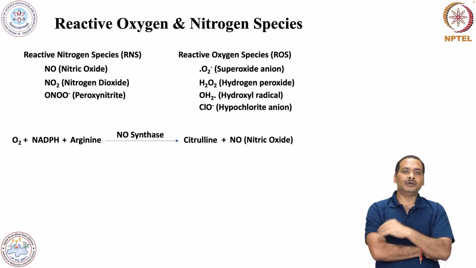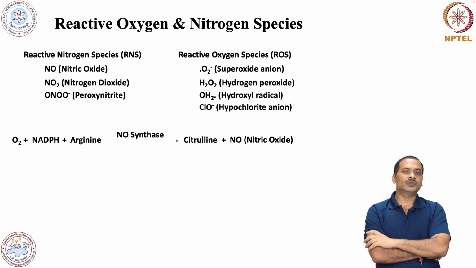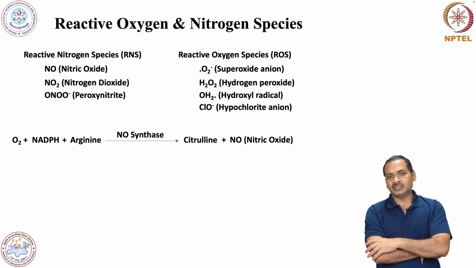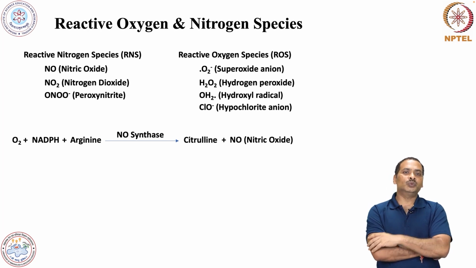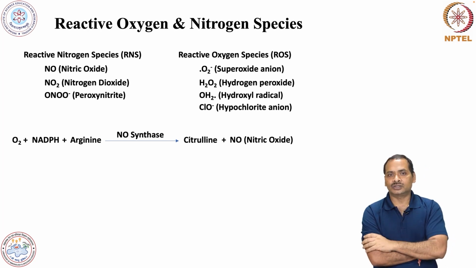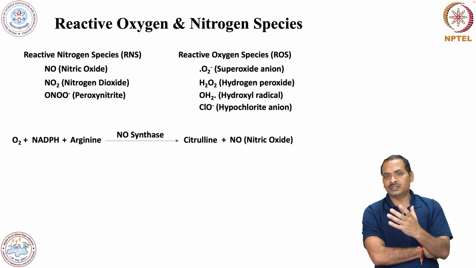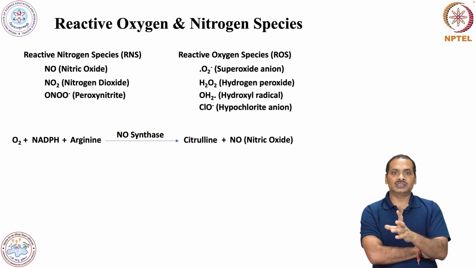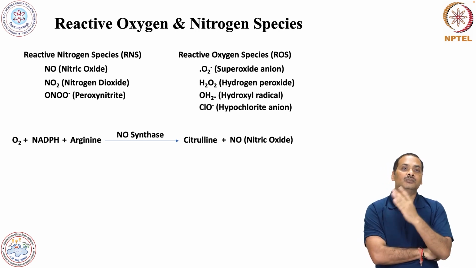And probably you might have heard of one drug known as sorbitate. This sorbitate is a compound which, after breakdown, releases nitric oxide, and nitric oxide basically vasodilates. It is a vasodilator. They dilate the blood vessels, and then that will ease the blood flow.